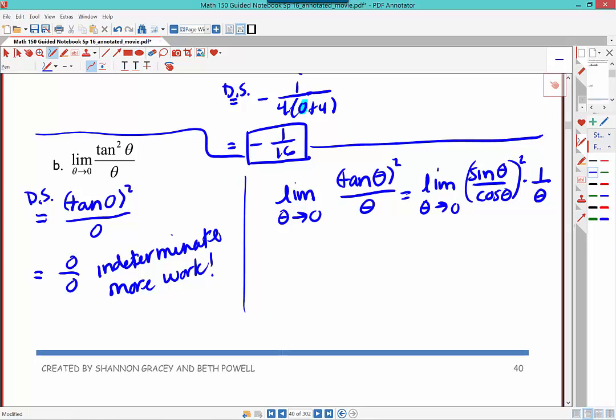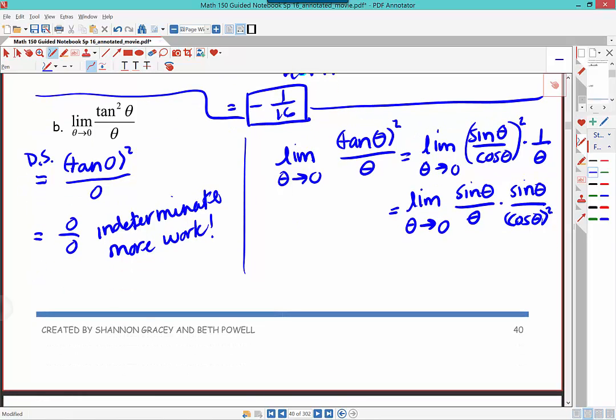Okay, so far? Awesome. This will give us, now remember that one groovy special trig limit? Great. Do you see that we have that? So why don't we pull a factor of sine theta apart and put that over theta, because this is all multiplication, so it's all commutative. And then we would have a sine theta over cosine theta squared remaining.